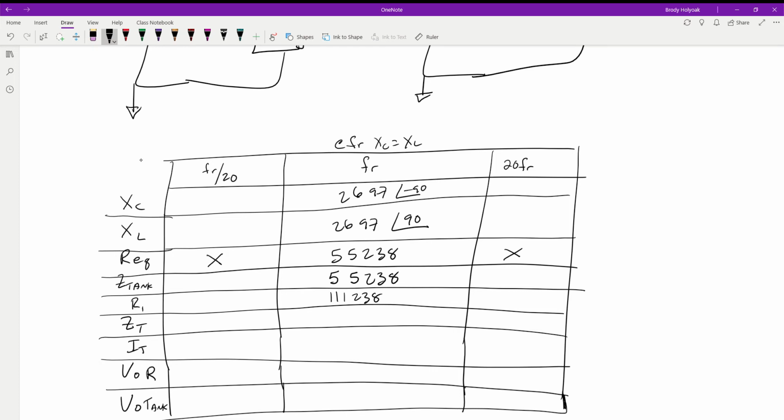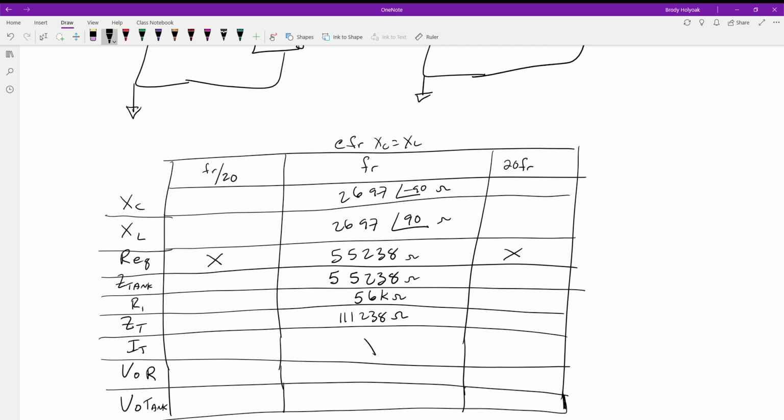So that's when we add the resistor and the Z tank together. That's the value that we get there. These are all ohms. This one is the 56,000 for the resistor. This is the 111,238 for the impedance total.